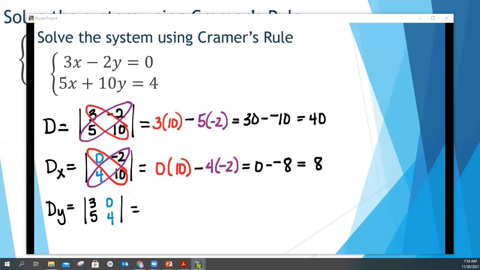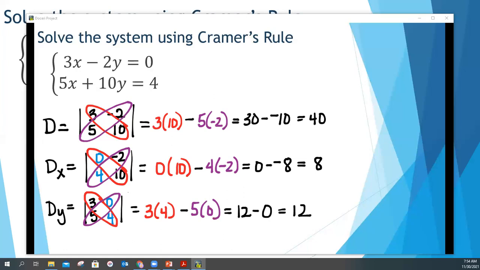And then for our last matrices, we have 3 times 4 minus 5 times 0, which would be 12 minus 0, or just 12.